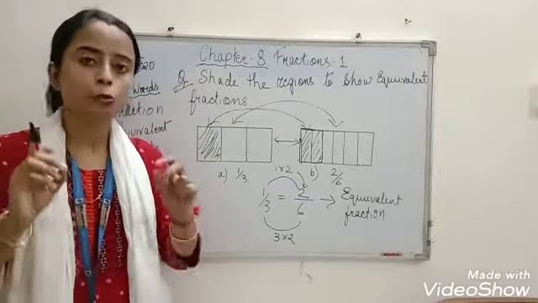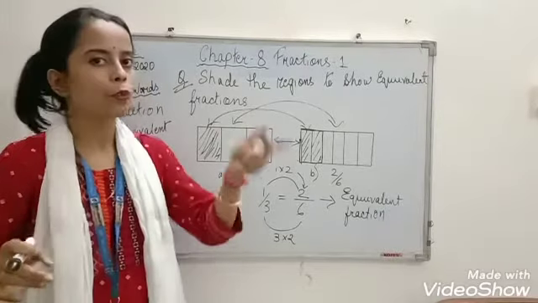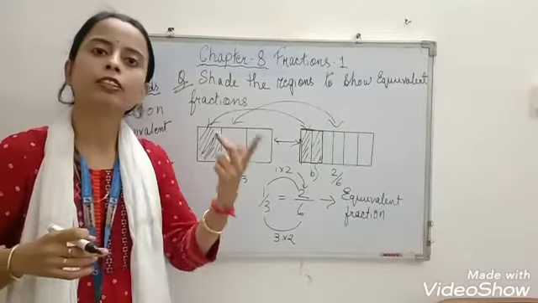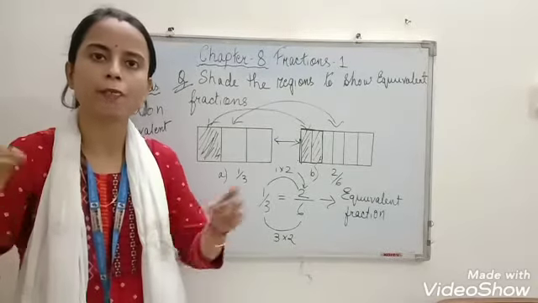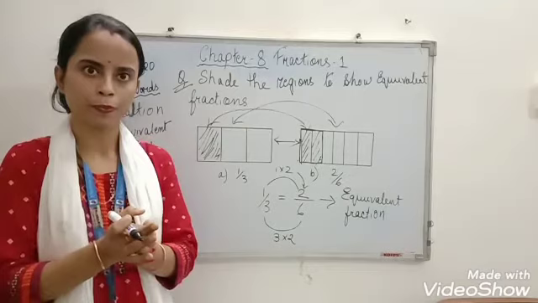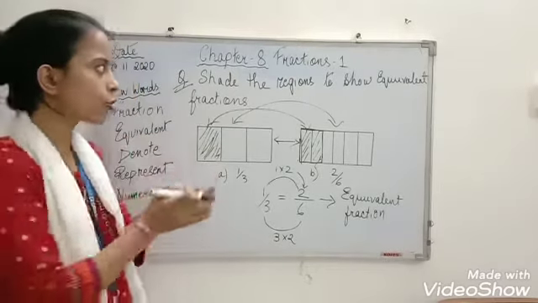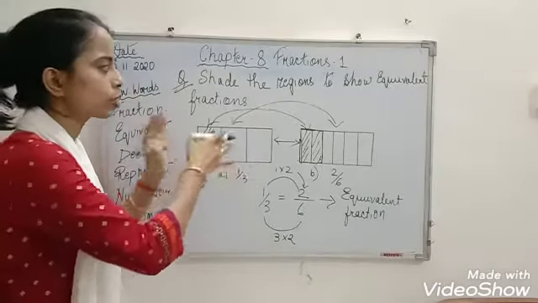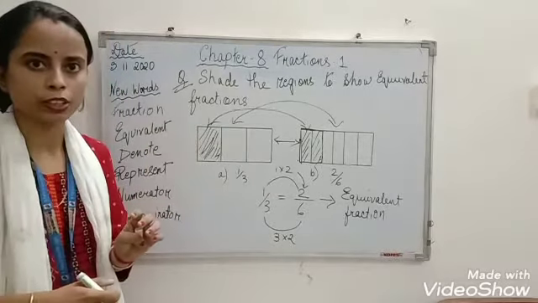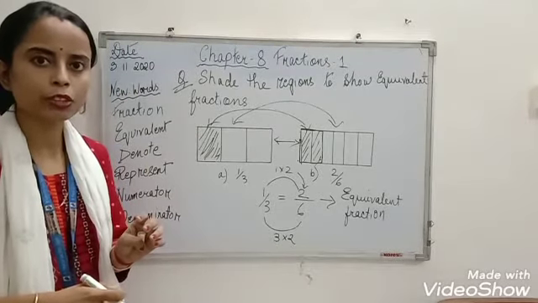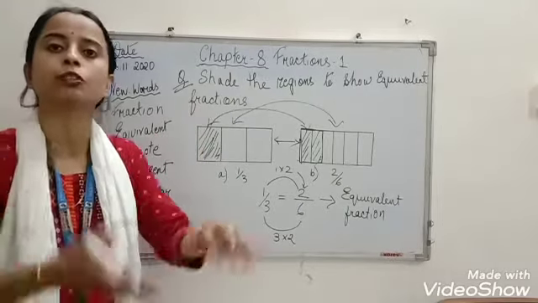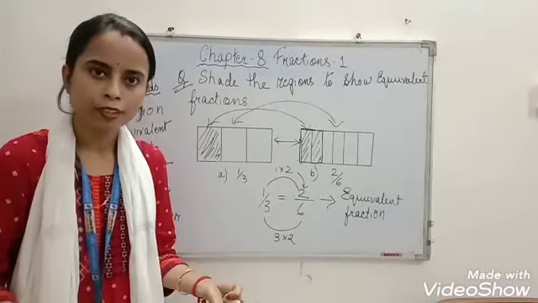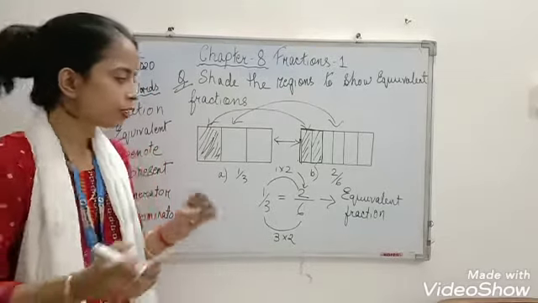That means to make the fraction equivalent, we have to multiply or divide both the numerator and denominator by the same number. Got it children? So from this we came to know that these two are equivalent fractions. Clear children? I hope it is clear to everyone how to find out equivalent fractions.